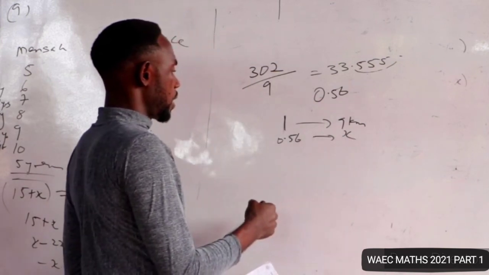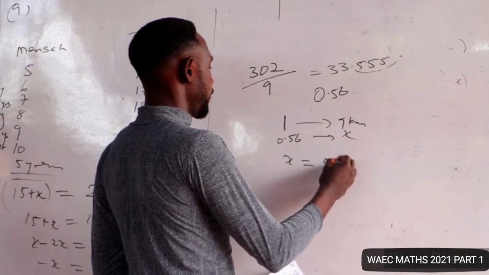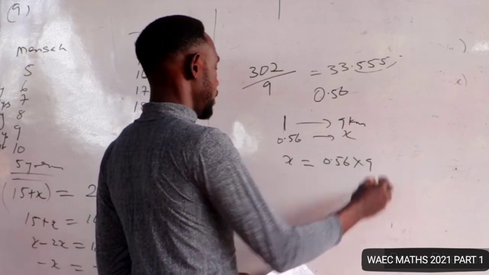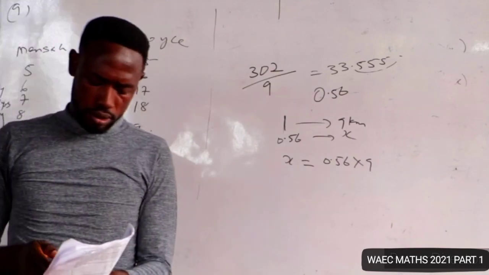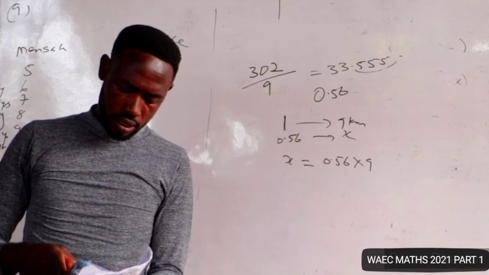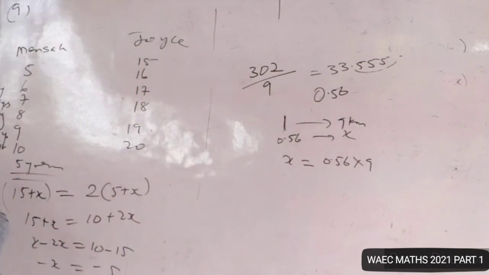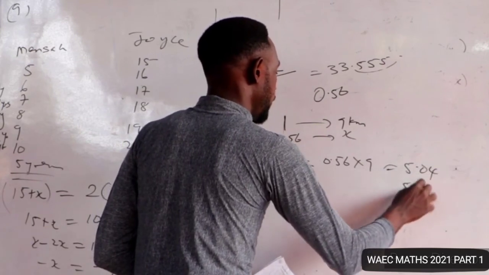You cross multiply such that x is equal to 0.56 times 9. That's approximately 5.04, which is 5 kilometers.